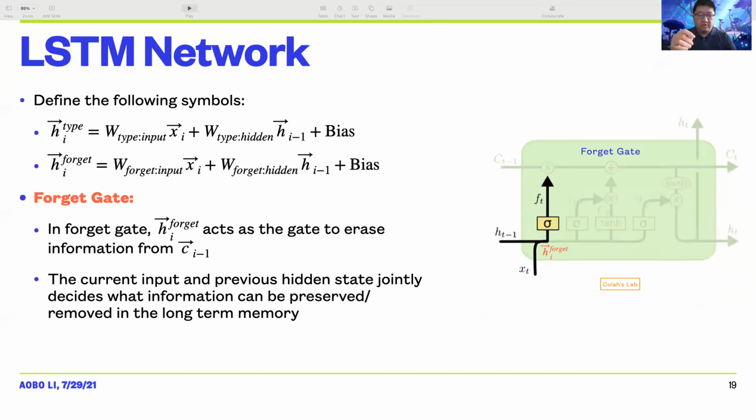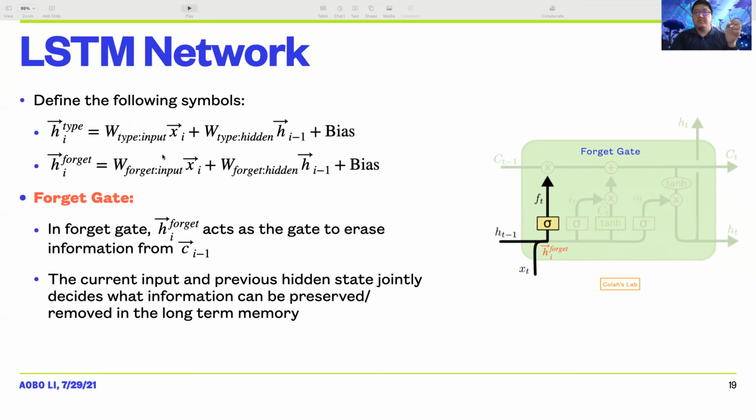So what we do is define the following symbols. A hidden state H_i of a type is the input weight matrix of that type times X_i, plus the weight matrix of the hidden state times the hidden state, plus the bias. This is actually the same as the equation I showed in the recurrent neural network.